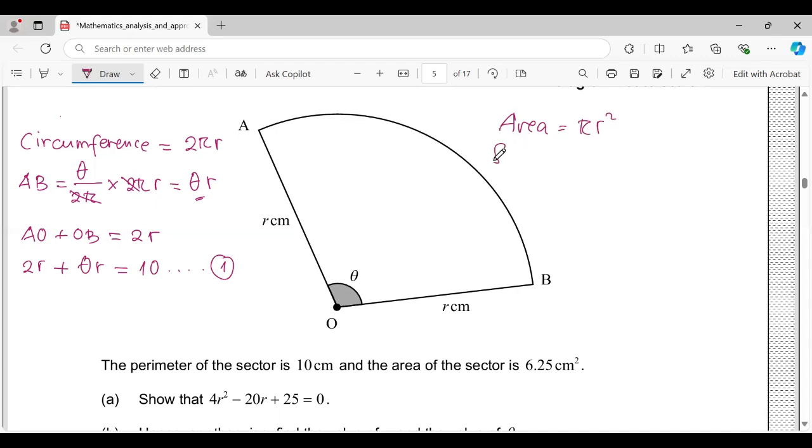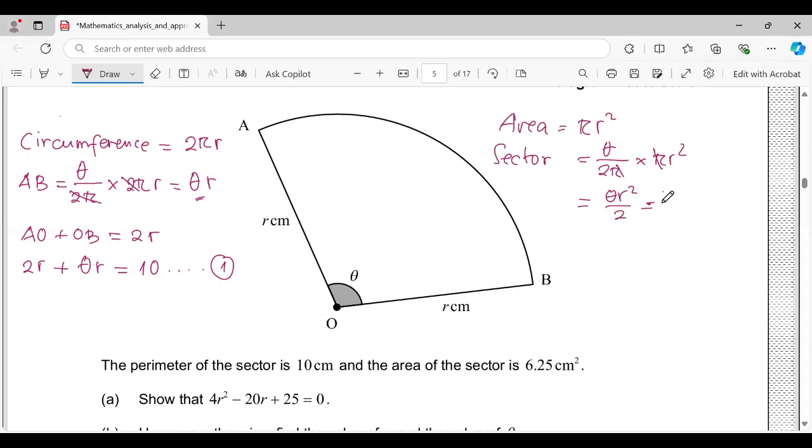And sector AOB is theta over 2 pi, 360 times pi r squared divided, and it is theta r squared over 2.